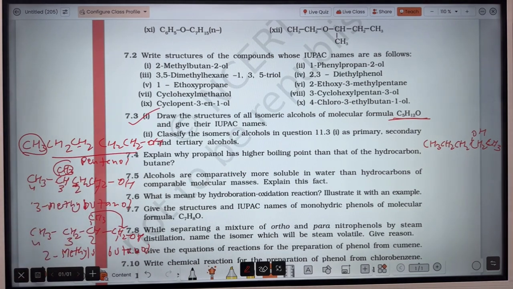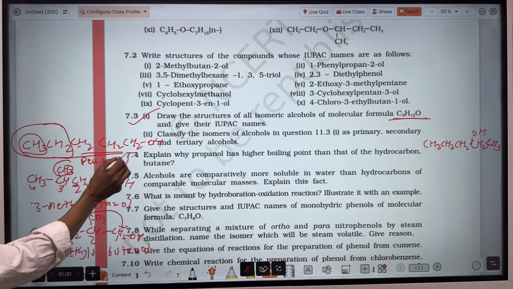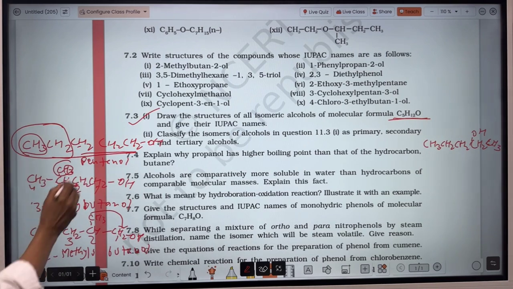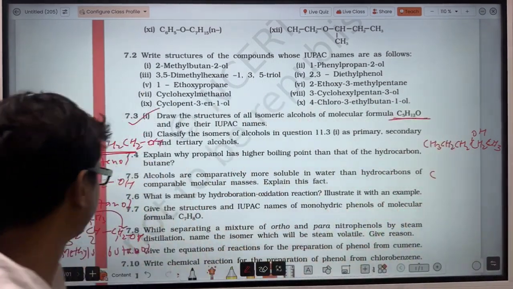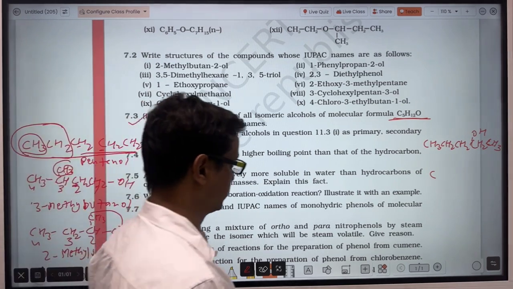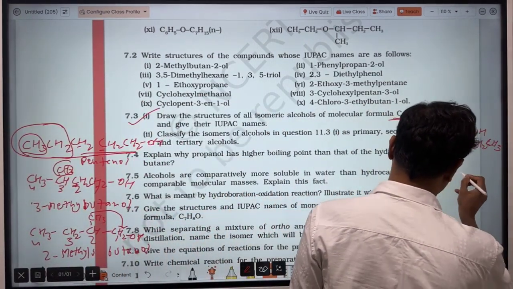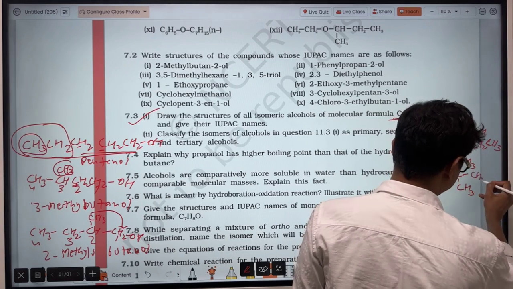Now one more chance here: take 2 carbon from here. So the main chain will be of this carbon and attach both the carbons to this one. So you take 2 methyl groups from here and attach them to the second carbon atom. Both the methyls you attach to the second carbon. So the compound becomes, the main chain will be of only 3 carbon.